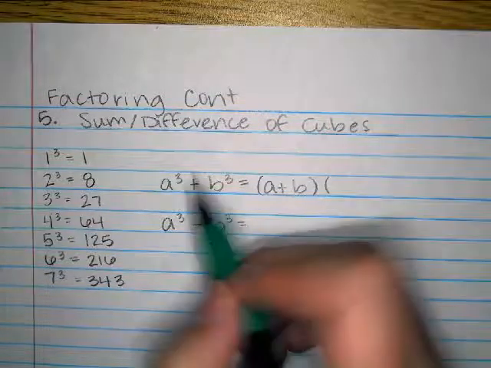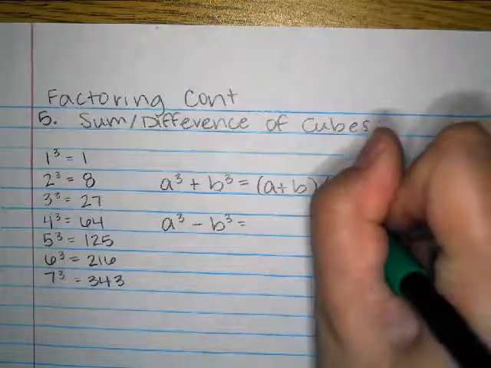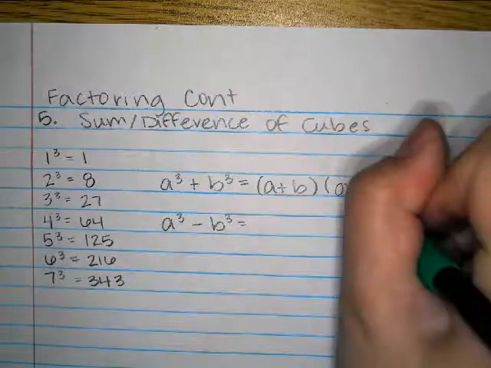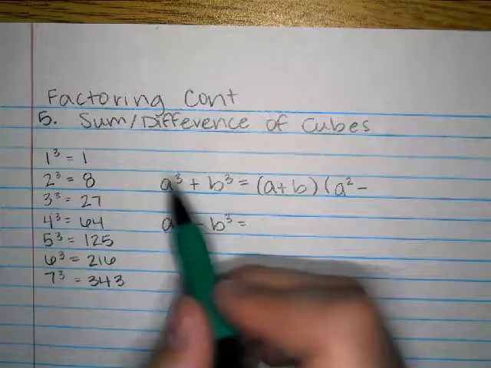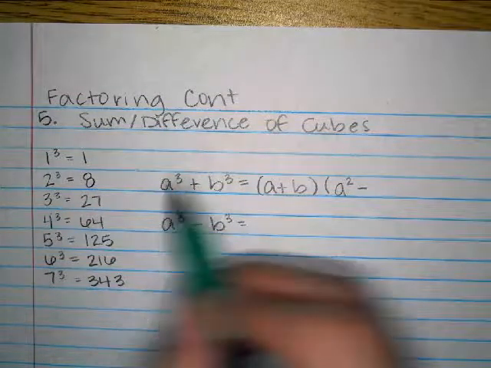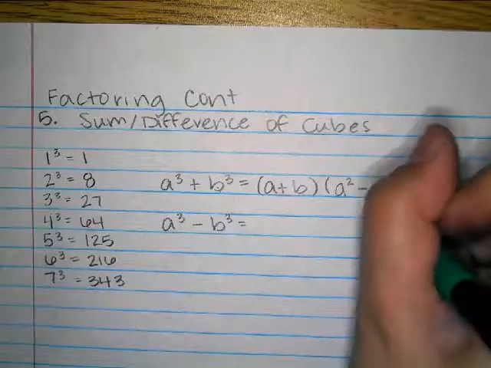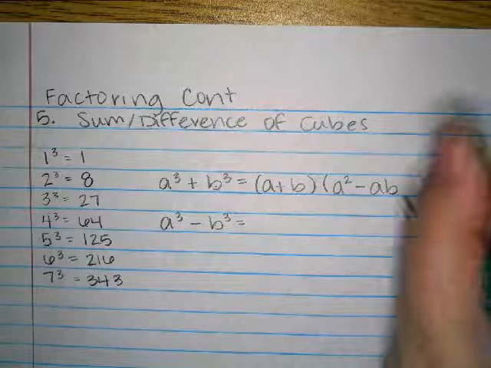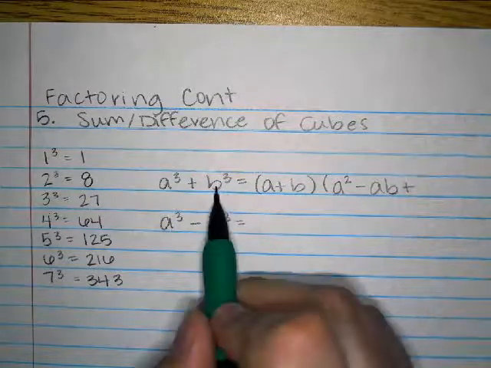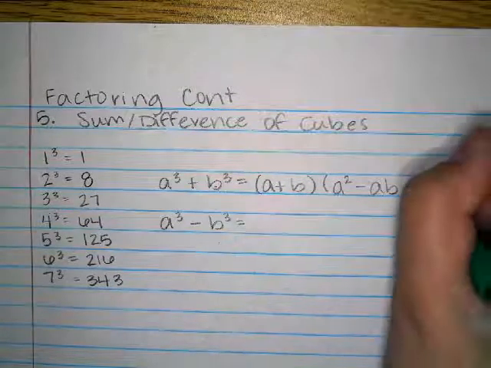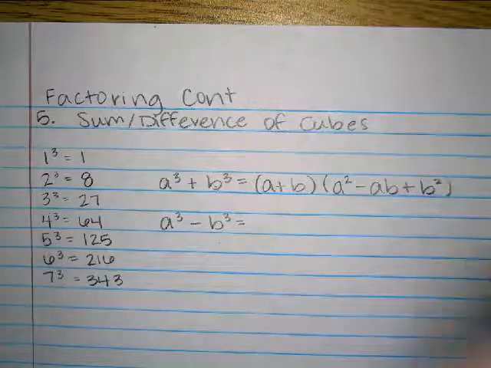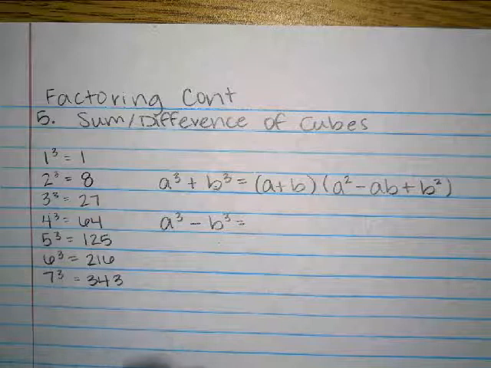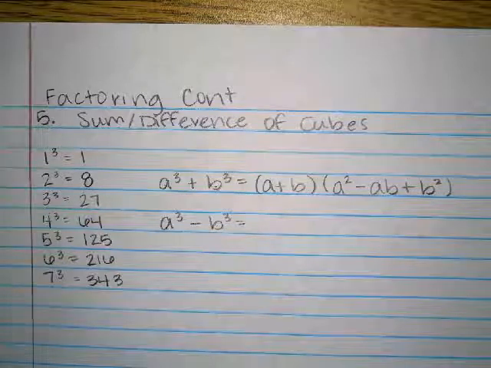Then it's the first number that was being cubed multiplied by itself, minus the first number that was being cubed multiplied by the other number that was being cubed, plus the second number that was being cubed multiplied by itself. So the formula feels kind of tricky, but you guys will see when we do the pattern, it's not as difficult, okay?